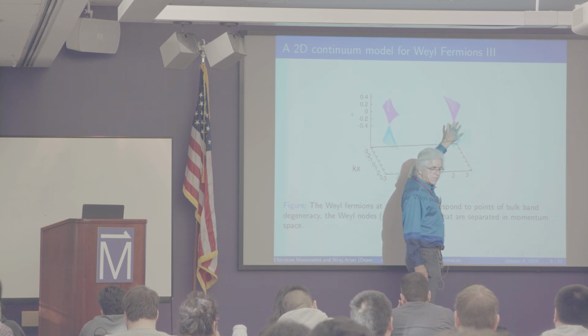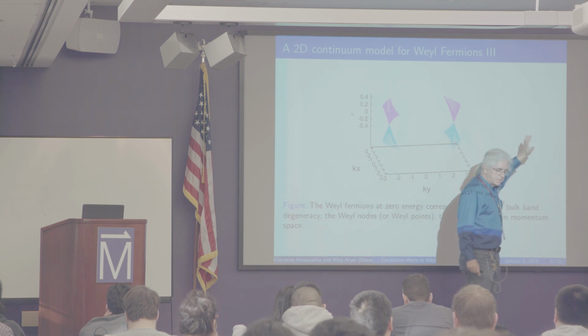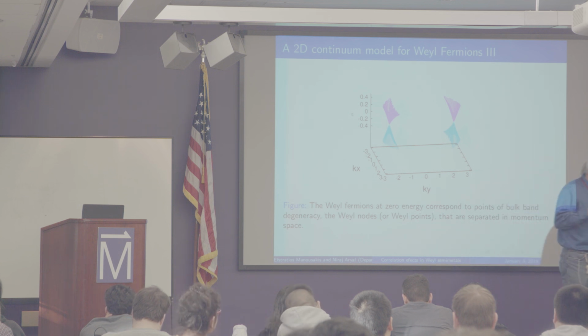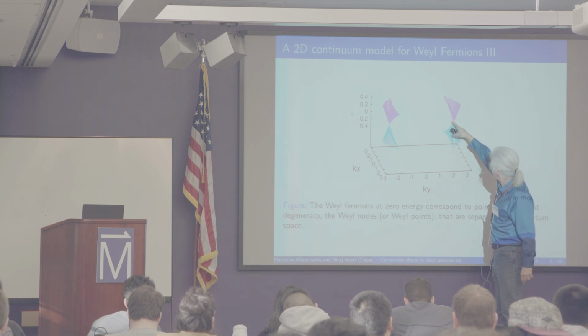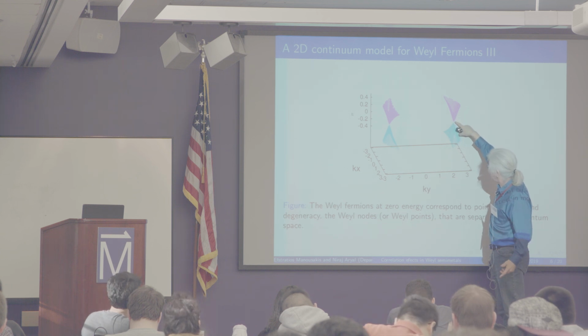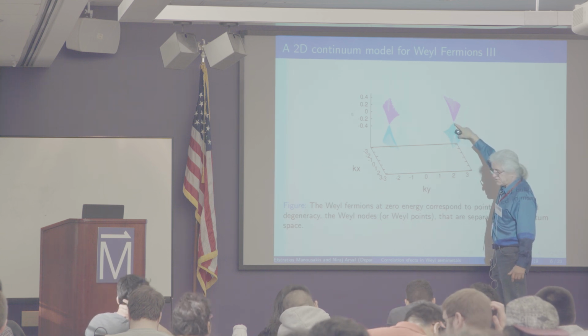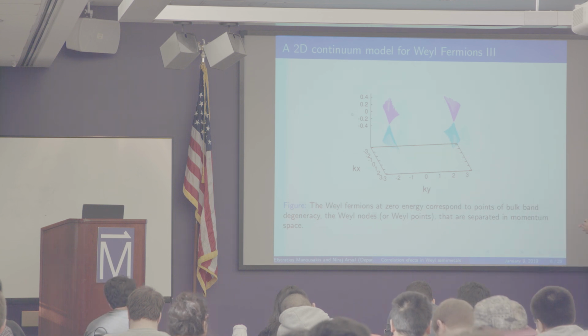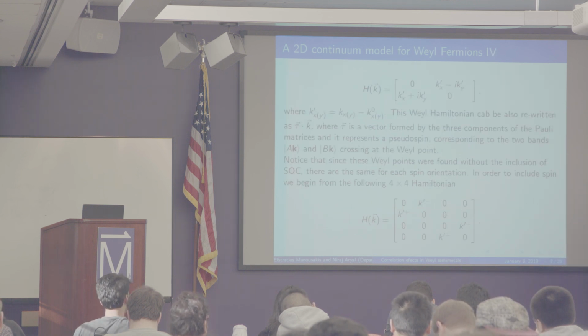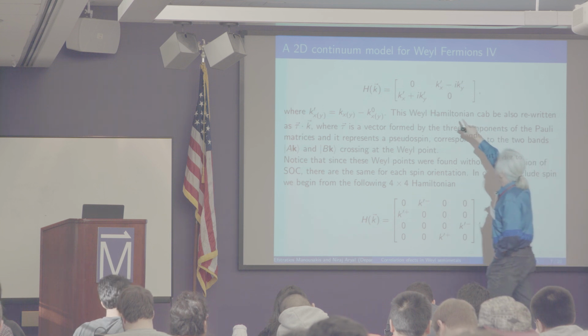I take one of these pseudo-spin partners, and I'm going to add spin-orbit coupling near the vicinity of this k point. So I take this k0x, ky0, some fixed value of k, and I'm going to introduce spin-orbit coupling there. So it's a 2-by-2 problem around that point.